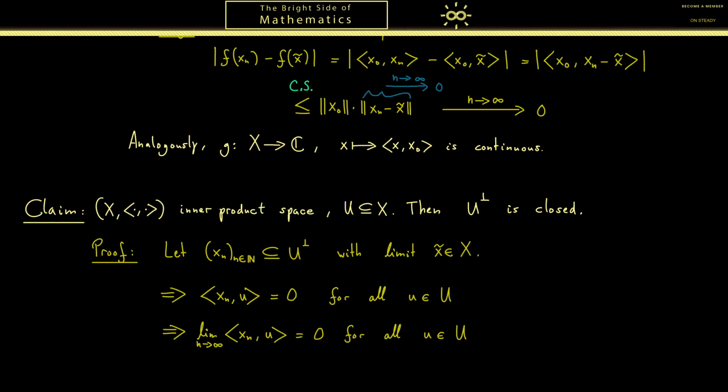In other words, we just have X tilde with u is equal to 0. And since this holds for all u in U, you see this is just the definition of U perp. X tilde is also in U perp. And this is exactly what we wanted to show. The orthogonal complement is always a closed set. And you have seen this immediately comes from the continuity of the inner product.